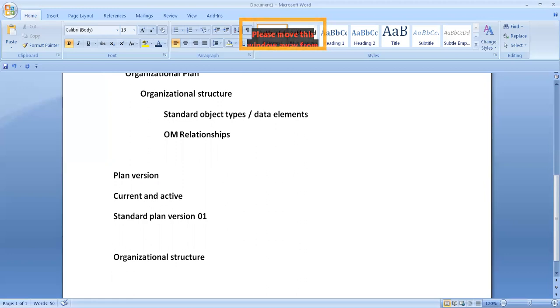So essentially, you are maintaining the company structure, the hierarchy, with the help of the organizational structure. To create, delete, modify, update or delimit, certain standard object types are required.